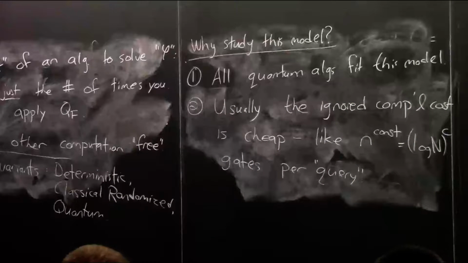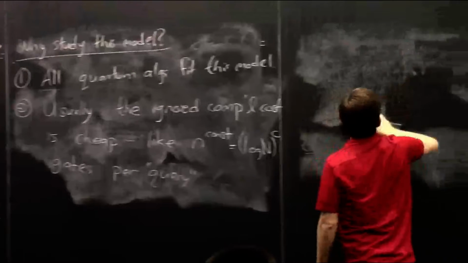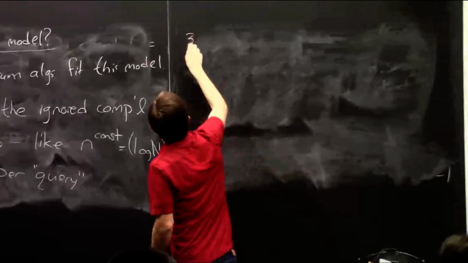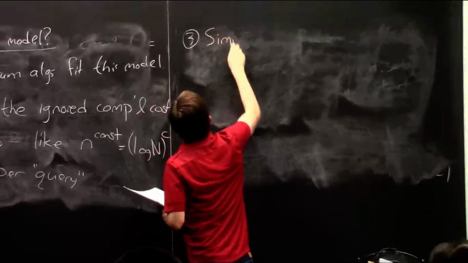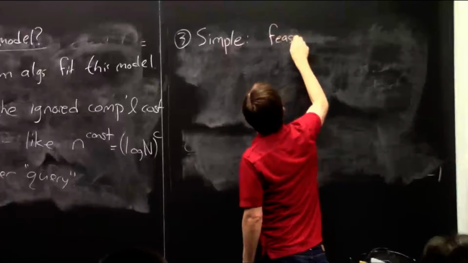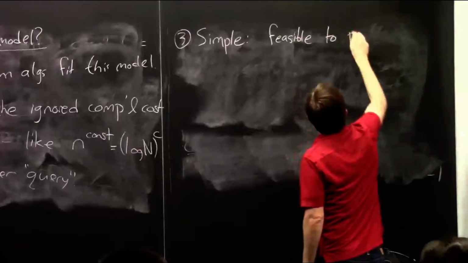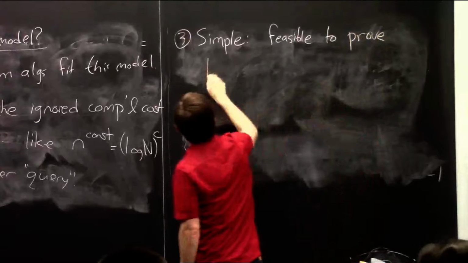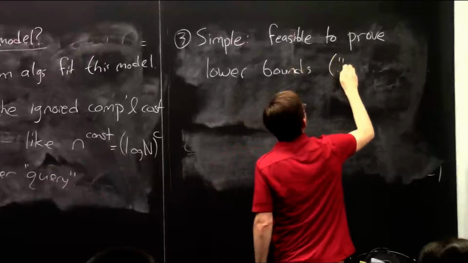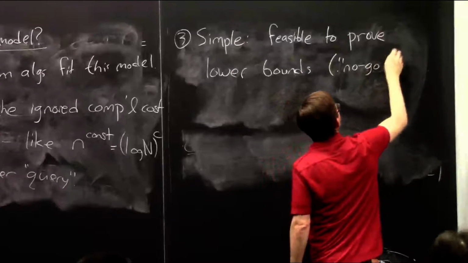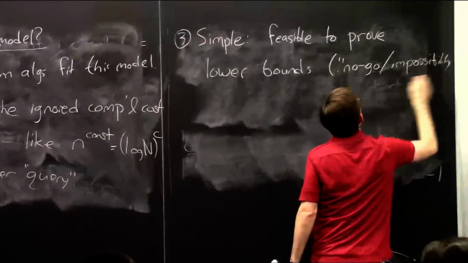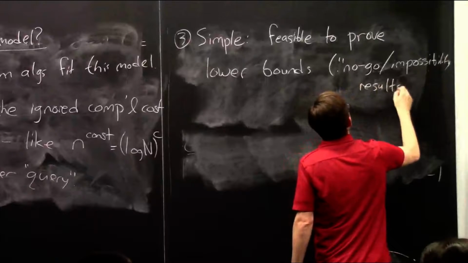Okay, and the third reason we should like to study it, and it's a very nice reason, is it's a simple model. In fact, so simple that it's feasible to prove lower bounds, which means impossibility results, or no-go results, as they're sometimes called.